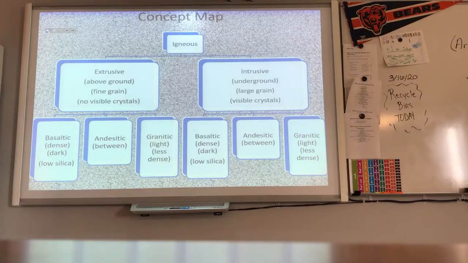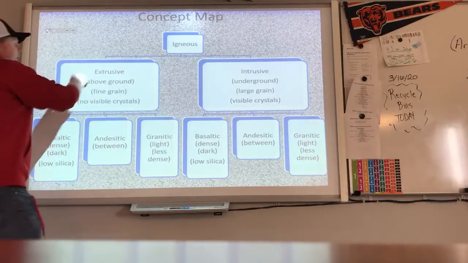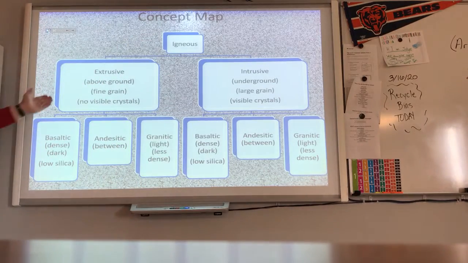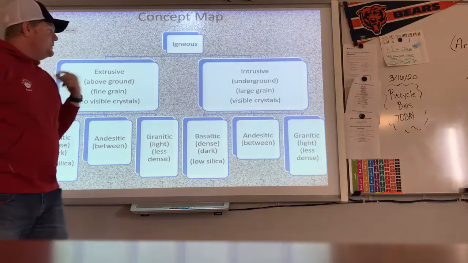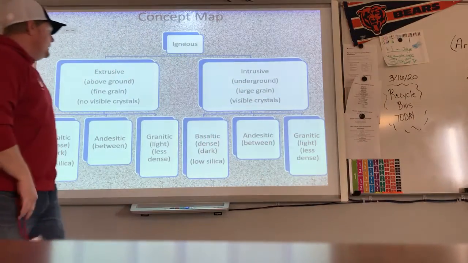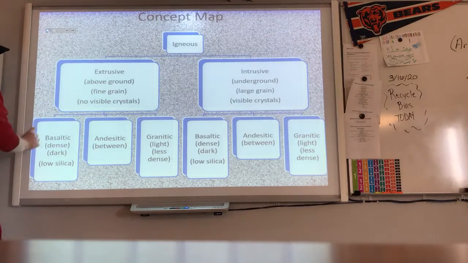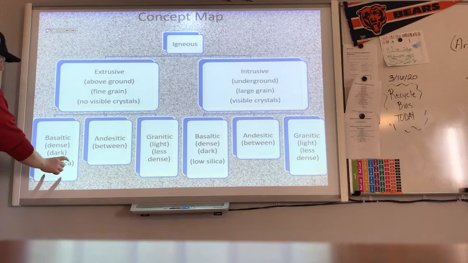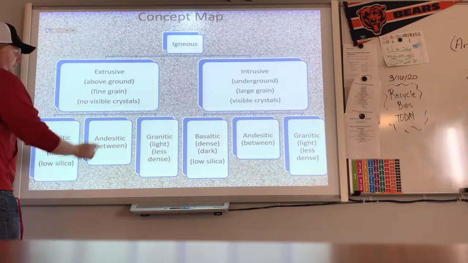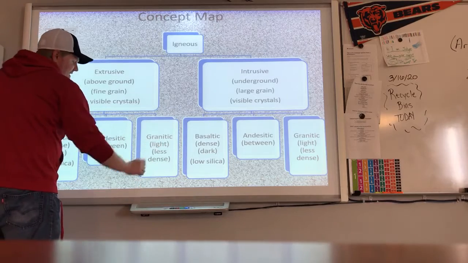Here's a concept map of it broke down. Igneous rocks are into 2 groups. Extrusive, above ground, fine grains, no visible crystals. Intrusive, underground, large mineral grains, and visible crystals. Now we look at this and you follow these lines, we break them down. There could be extrusive basaltic, dense, dark, low silica. Extrusive andesitic, it's between. Extrusive granitic, light, less dense.